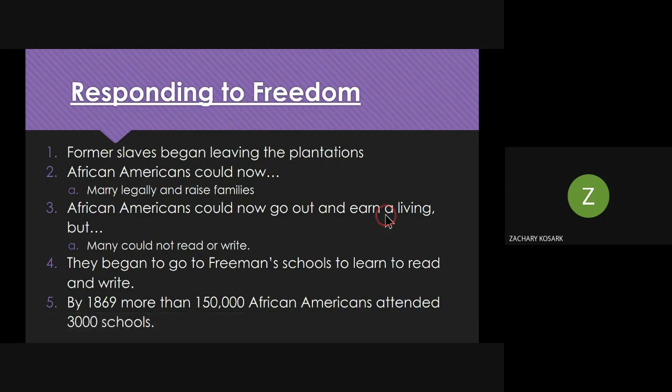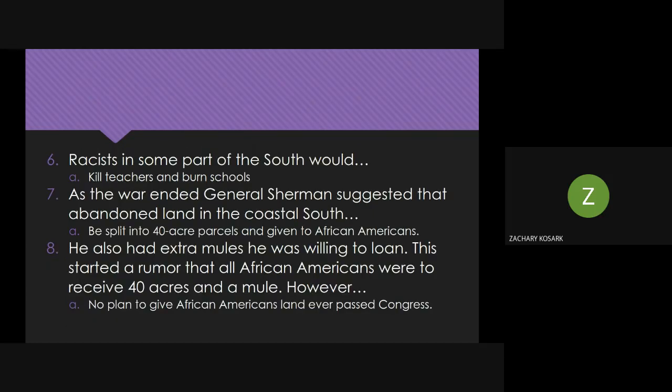By 1869, more than 150,000 African Americans attended over 3,000 schools in the South. Most of these schools were affected by people who did not support them. Racists would, in some parts of the South, kill teachers and burn schools just for trying to give African Americans education that they deserved.